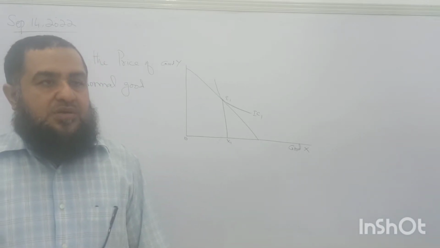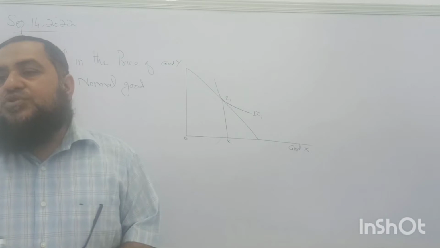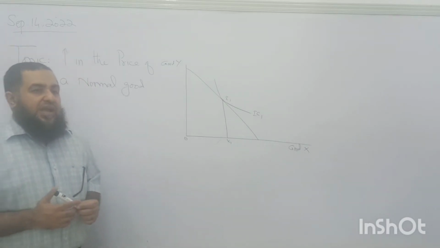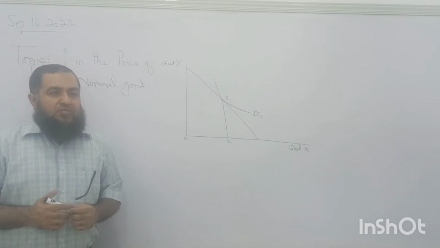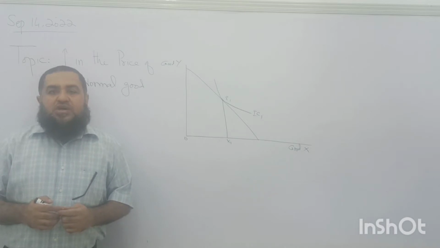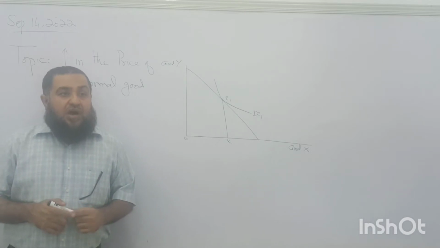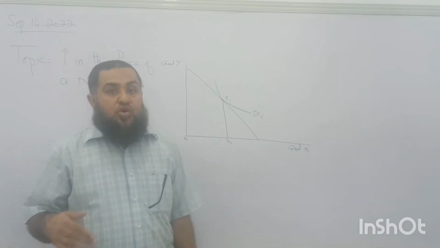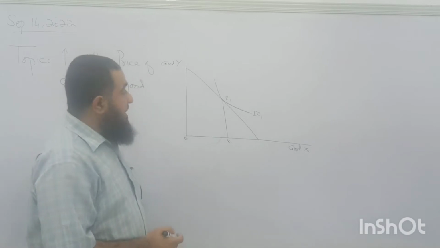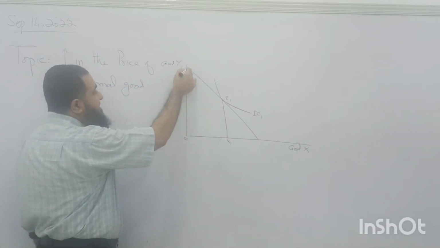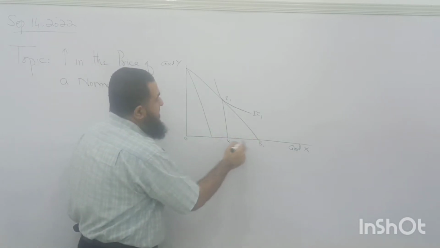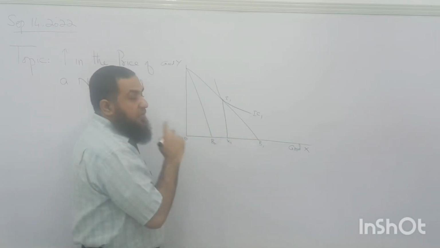Follow the point? So now what happens to the budget line when the price of X increases? It will have a pivotal inward shift. There is going to be an inward rotation of the budget line, or can I say the slope of the budget line will become steeper when the price of X increases. So this is budget line 1, and this is budget line 2.